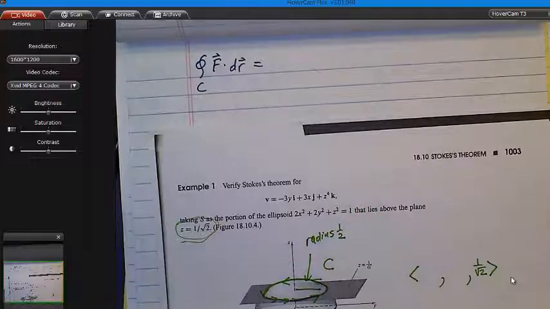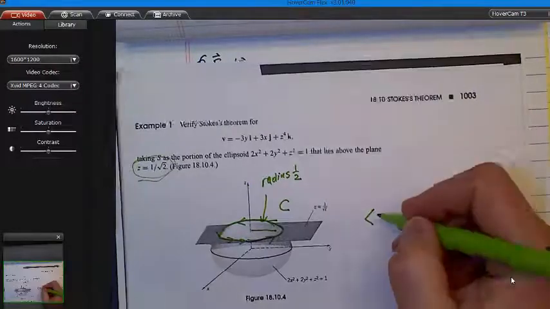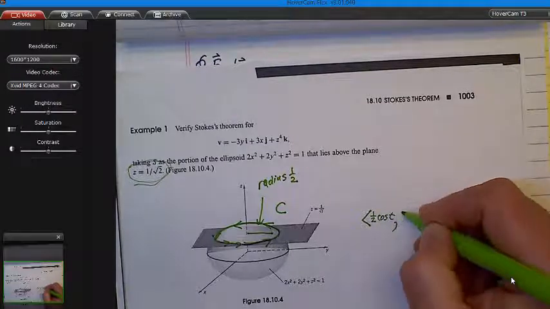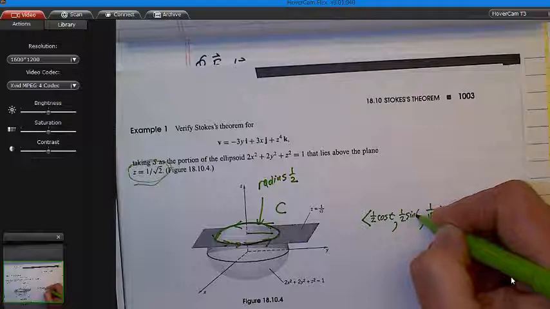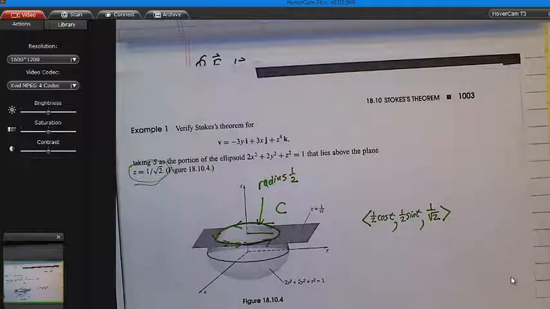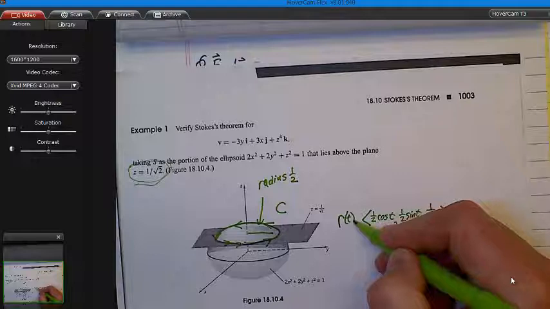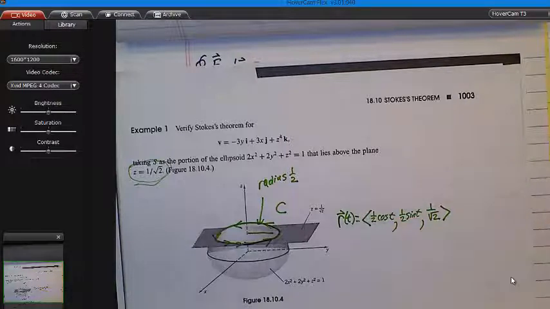And so, can we write 1/2 cosine t and 1/2 sine t? And now we're in the world of line integrals where we have a parameterization of the curve. So again, I've been using r. We'll call this r of t. That seems to work. Okay.